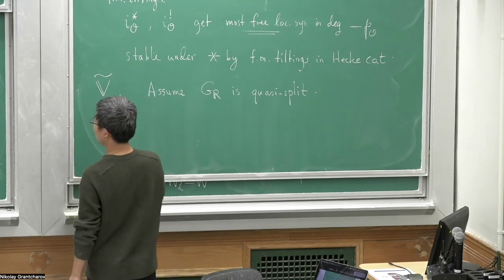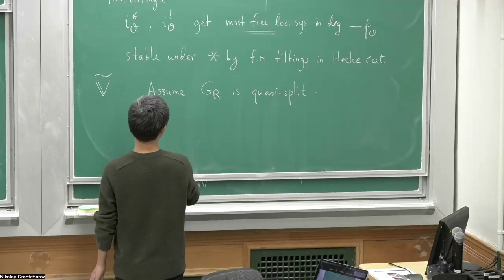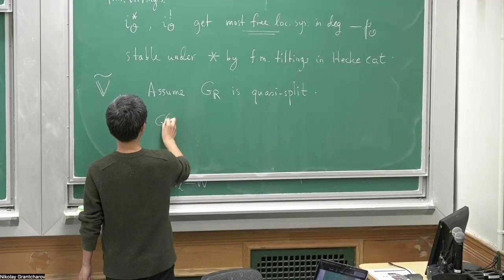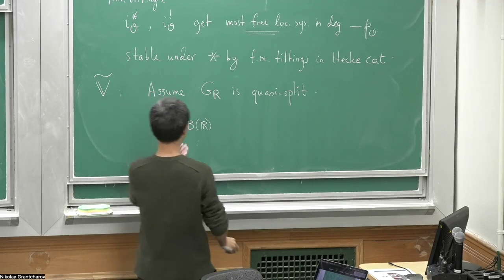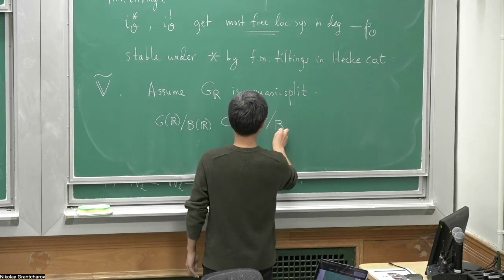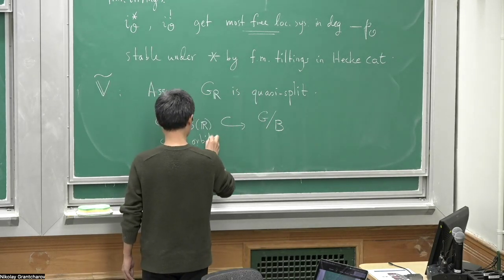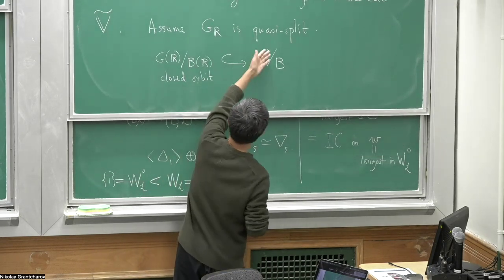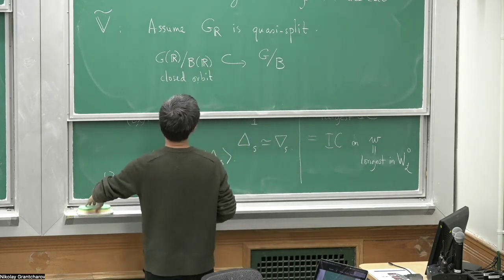There's always a unique closed orbit. That's the flag variety, the real points of the flag variety inside this closed orbit. But in the quasi-split case, this really is half-dimensional in the real form.